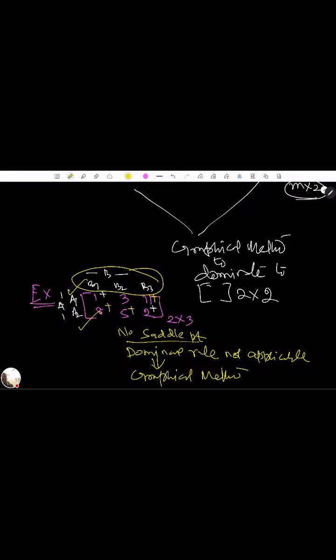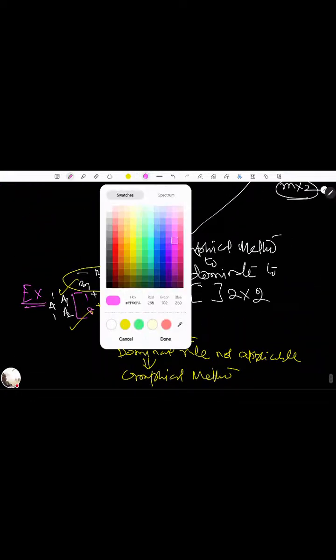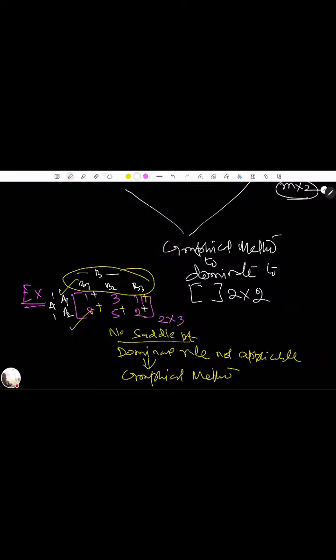So from the viewpoint of A, it is maximin. Maximin means the minimum is the lower envelope, and maxi means the highest point.